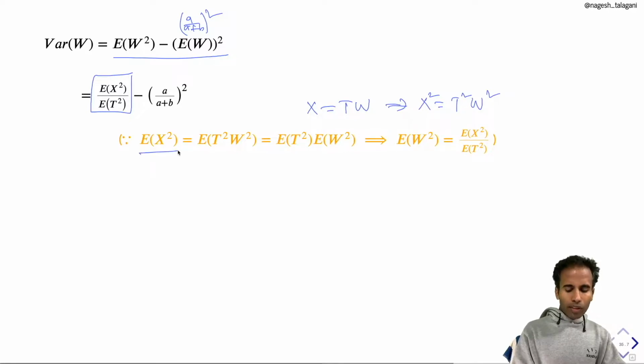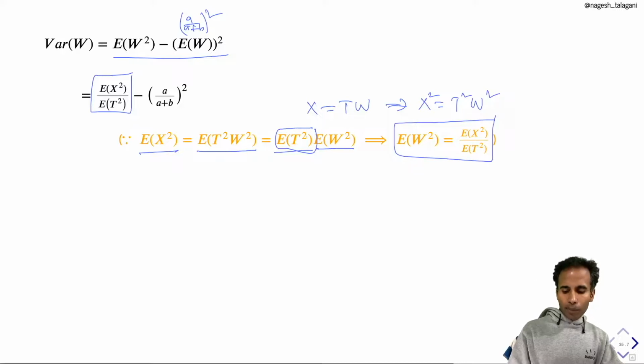So the expectation of X square equals the expectation of T square W square, but T and W are independent random variables. So this expectation of T square W square will be the same as the expectation of T square times the expectation of W square. Now if I bring this expectation T square to this side, I can write the expectation of W square equal to the expectation of X square by the expectation of T square.